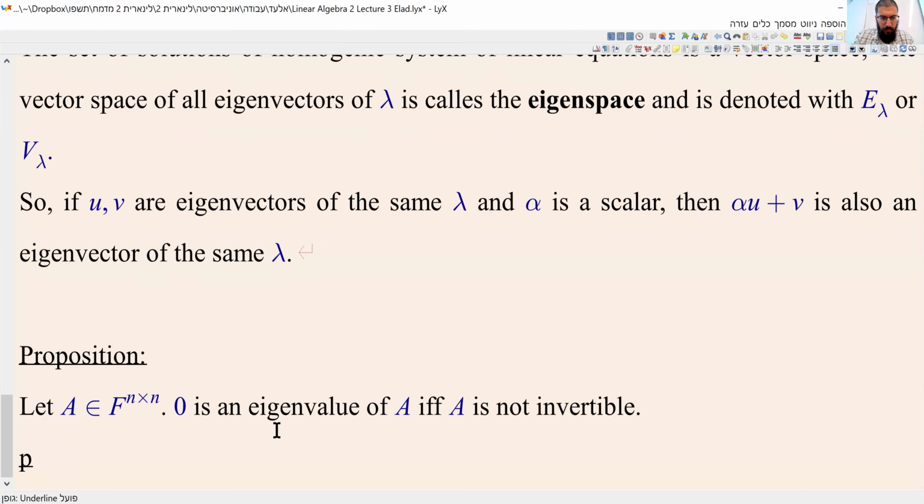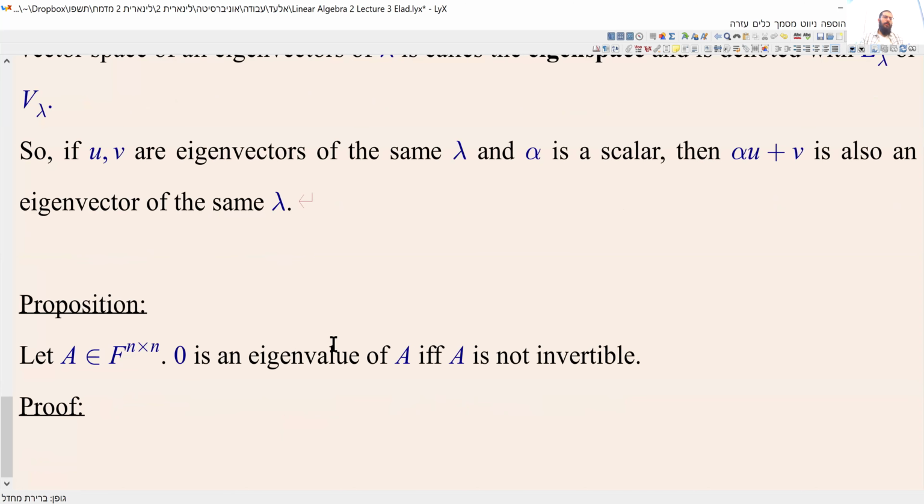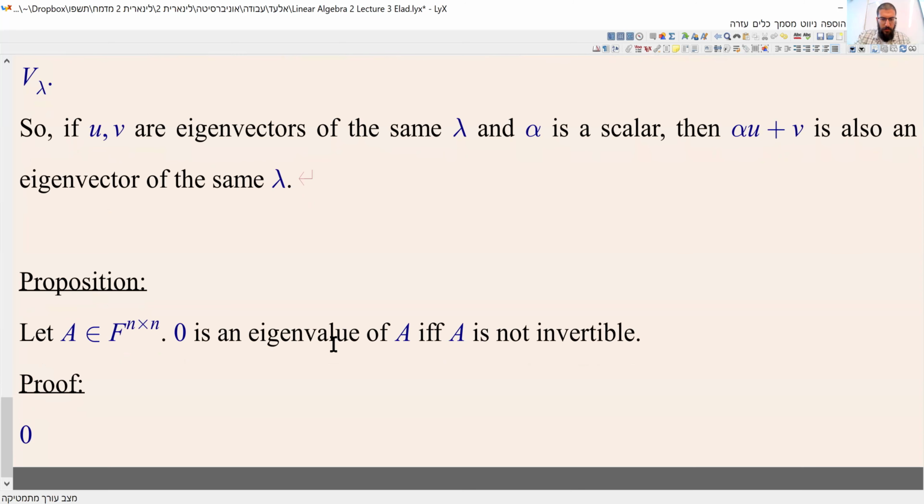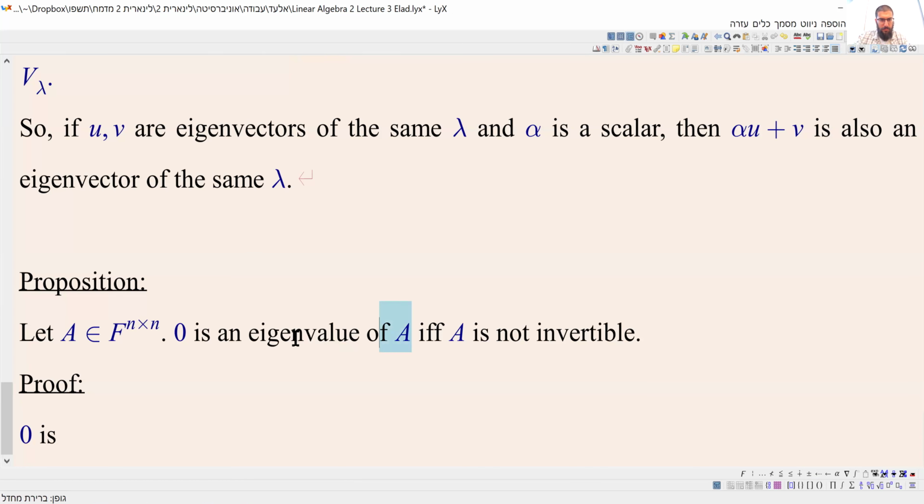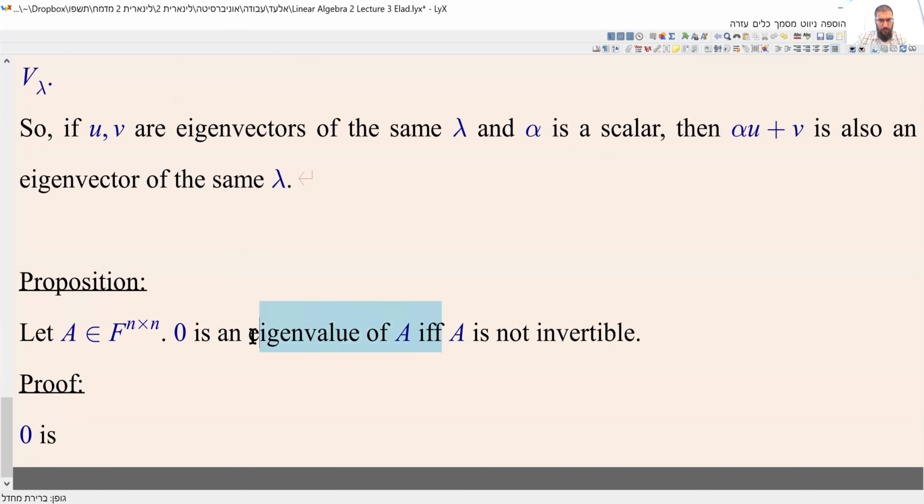Let's explain it, let's prove it. We know that, by definition, 0 is an eigenvalue of A if and only if... You can write it down with the eigenvectors or with the determinant, meaning the characteristic polynomial, it will be the same.